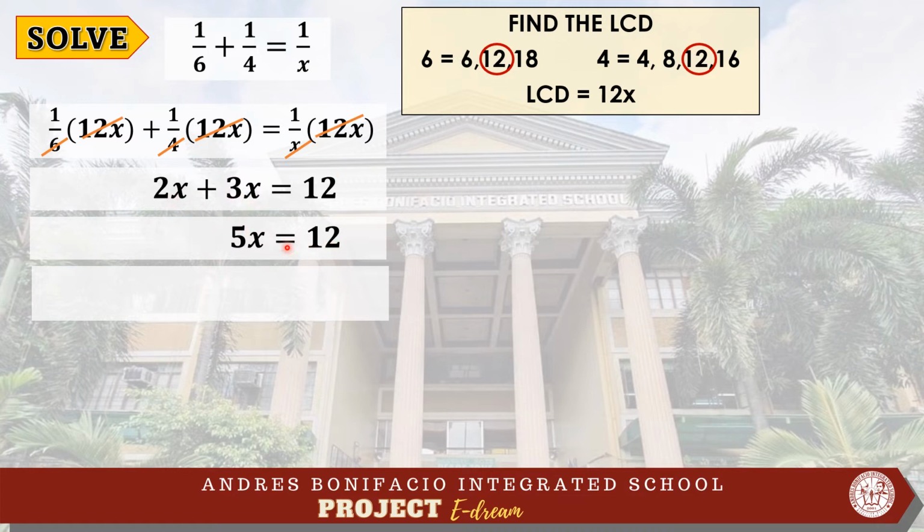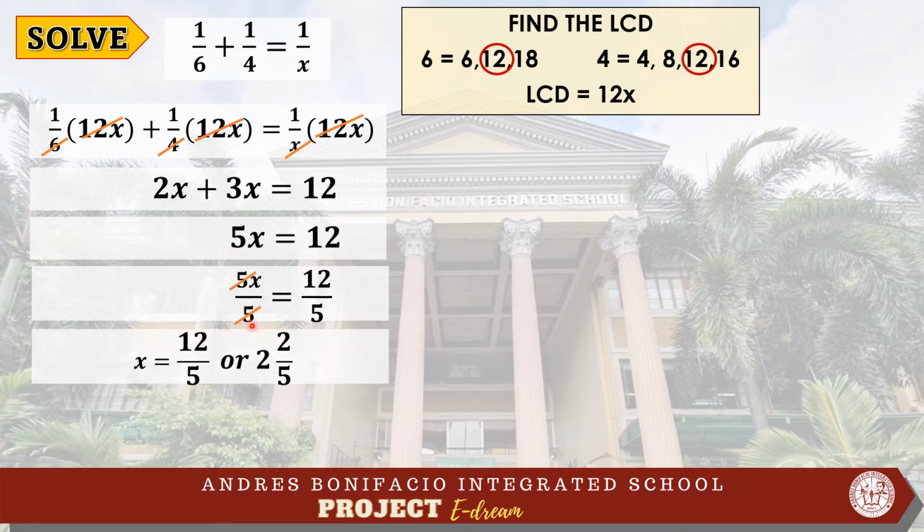Since we are looking for the value of x here, we will eliminate 5 by dividing both sides by 5. 5x divided by 5 is x, which is equal to 12/5 or 2 and 2/5. So we can say that Nilo and Michael can paint the room together in 12/5 or 2 and 2/5 days.